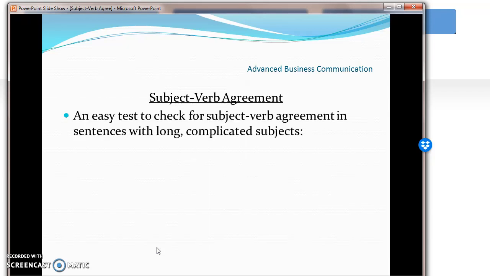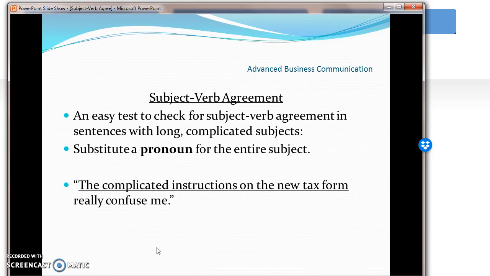So there's an easy test you can apply to check for subject-verb agreement with a long, complicated sentence like that. What you can do is substitute a pronoun, like it, he, that, for the entire sentence subject. And that will tell you whether it's singular or plural, okay? So look at this one.